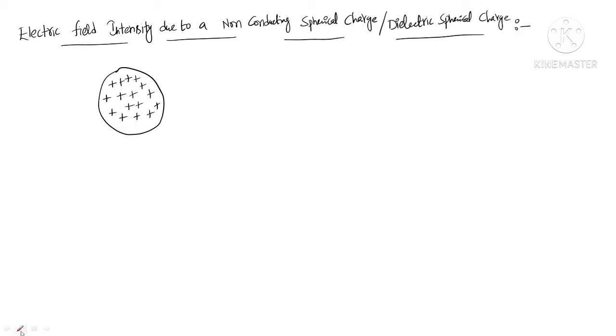The difference between a conducting and a non-conducting spherical charge is that in a non-conducting one the charge is distributed in the entire volume, whereas in a conducting spherical charge the charge resides on its surface. This is the only difference.